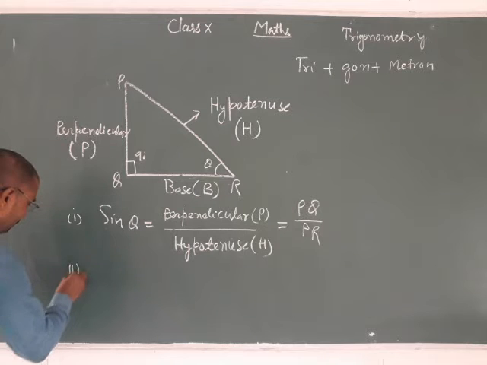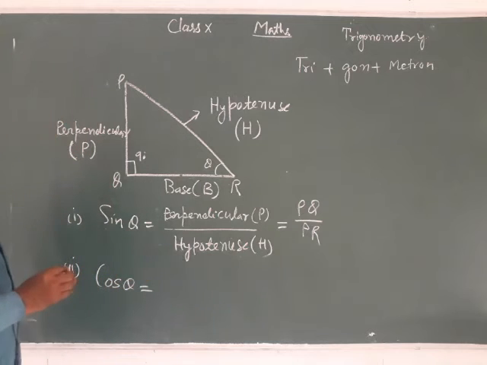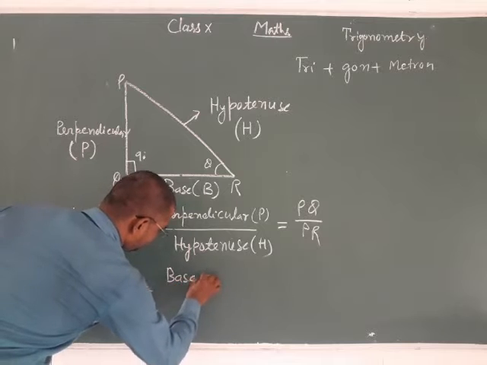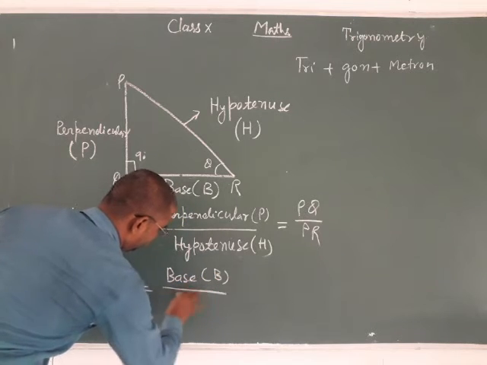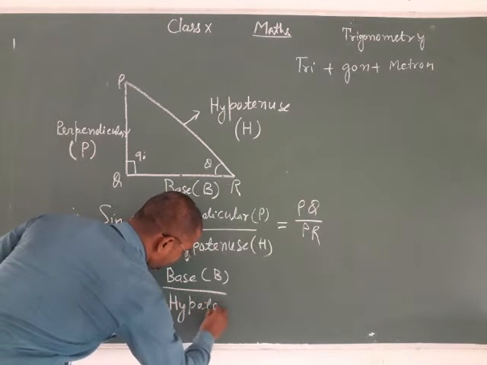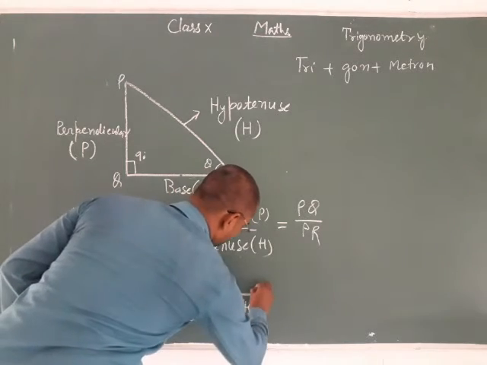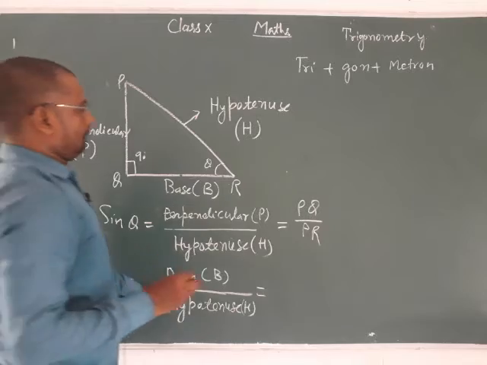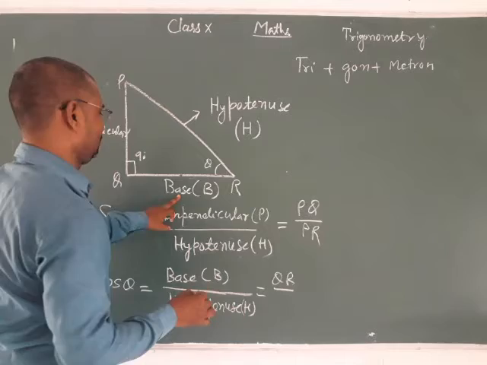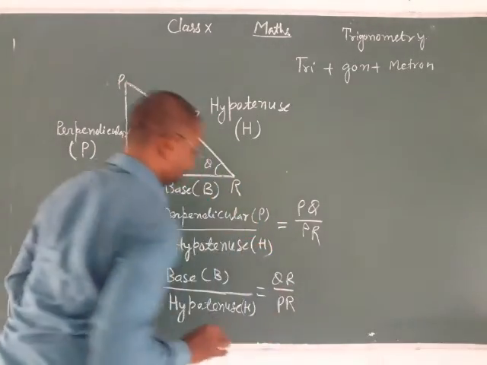Second, cos theta is equal to base B upon hypotenuse H, or QR upon PR.